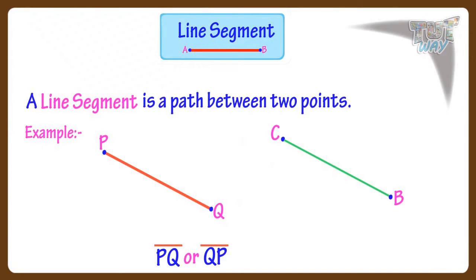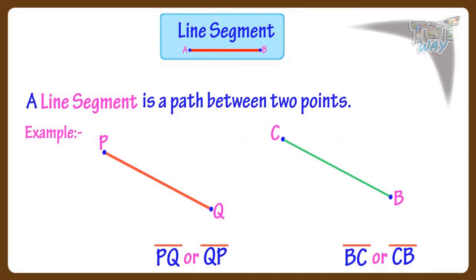That denotes that it's a line segment. Similarly, this line will be represented as BC or CB, with a bar above the line denoting that it's a line segment.